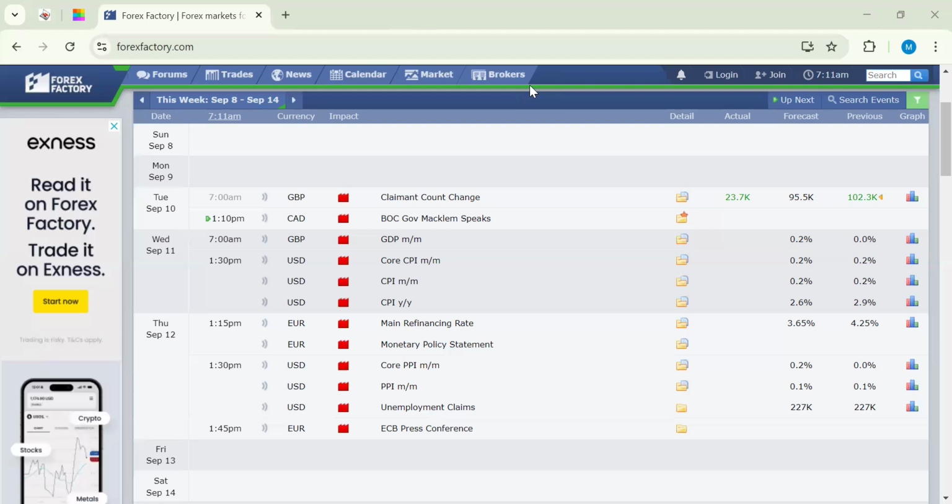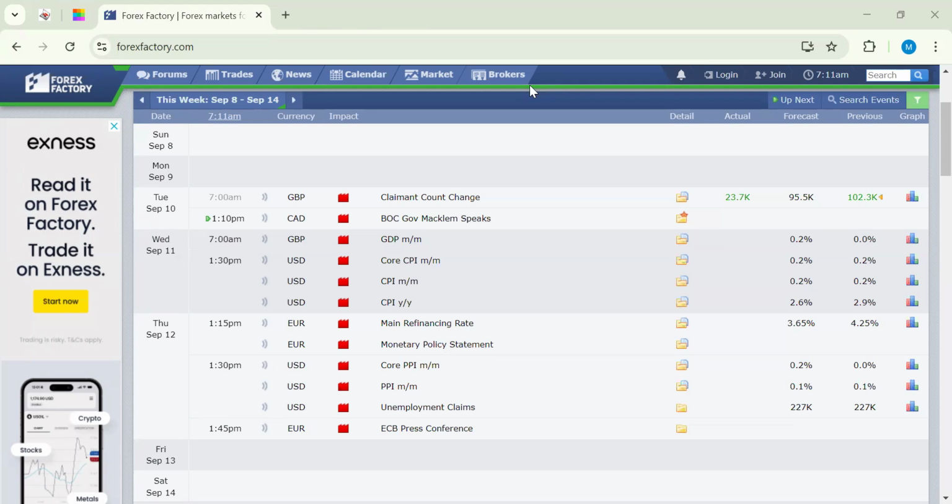We have just two high impact news, of which the first is going to be on GBP. The next is going to be on CAD. So we have again GBP and we have the CAD news.